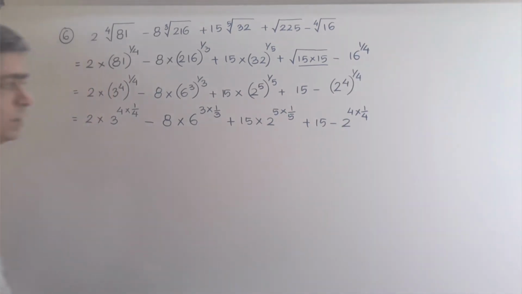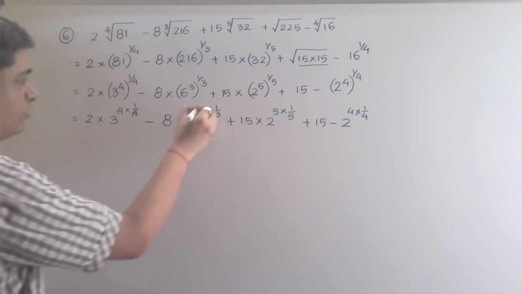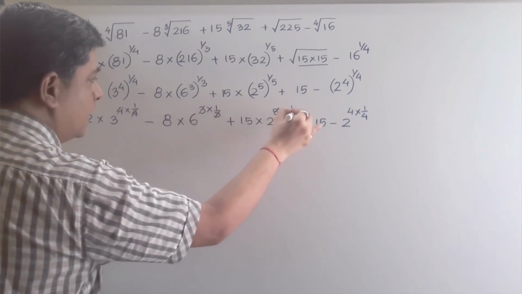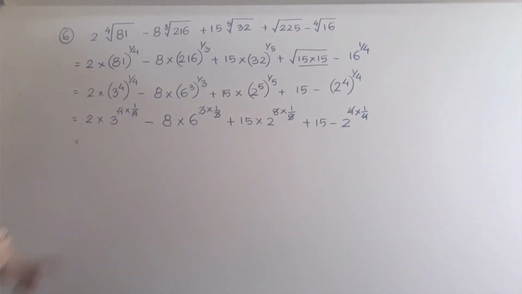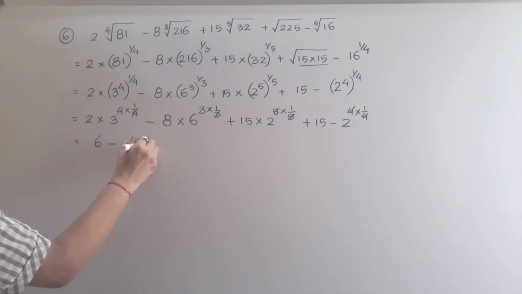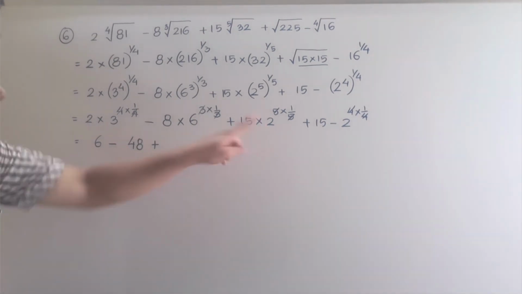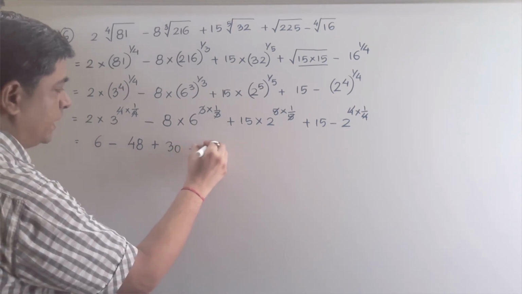I am not writing the formula again and again because now you know it very well. So 4 and 4 cancel, 3 and 3 cancel, 5 and 5 cancel, and 4 and 4 cancel. So what is remaining here? 3 into 2, that will be 6, minus 6 into 8, that is 48, plus 15 into 2, that will be 30, plus 15 minus 2.